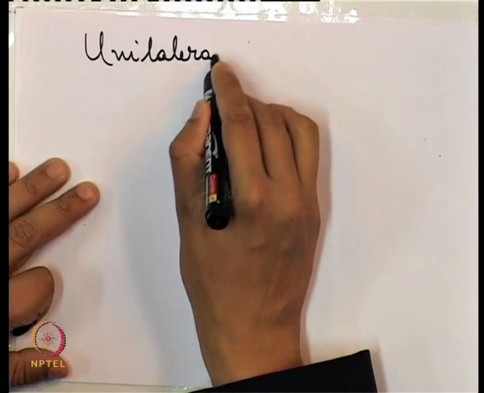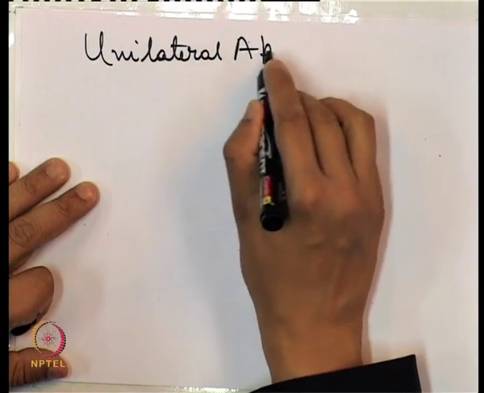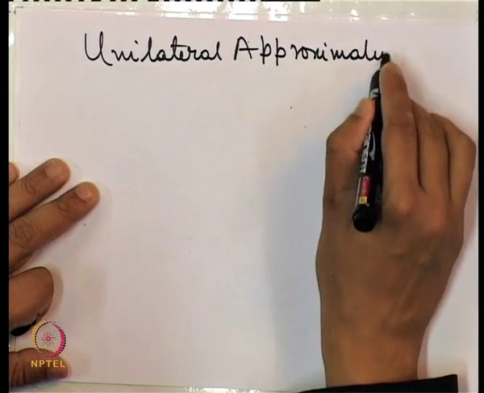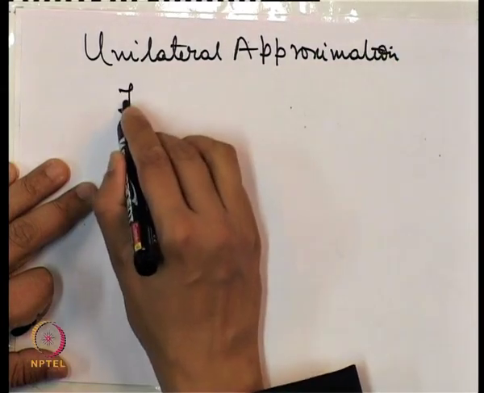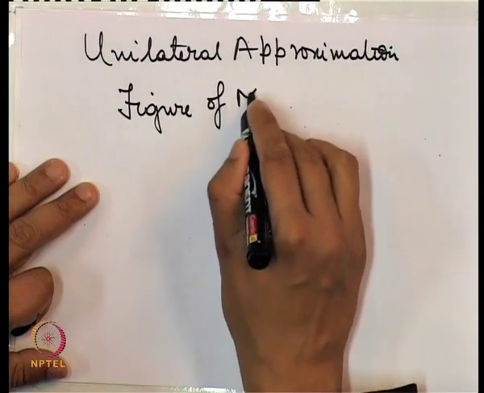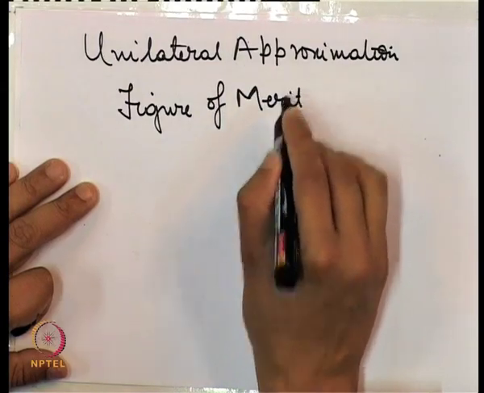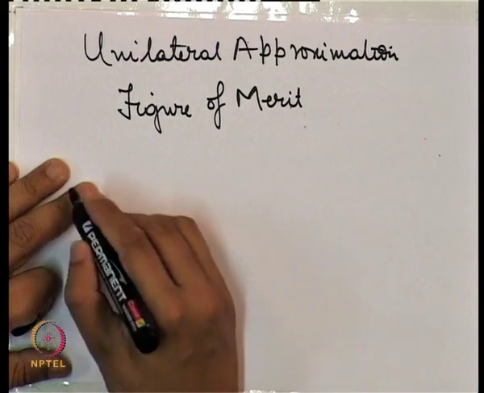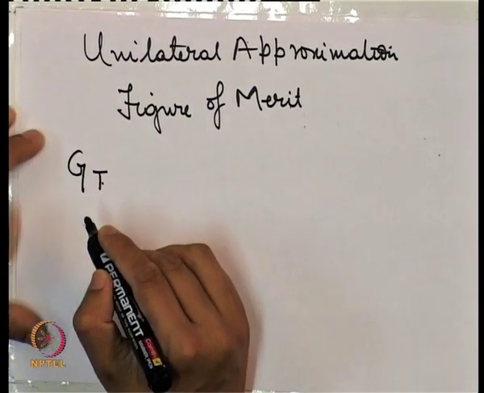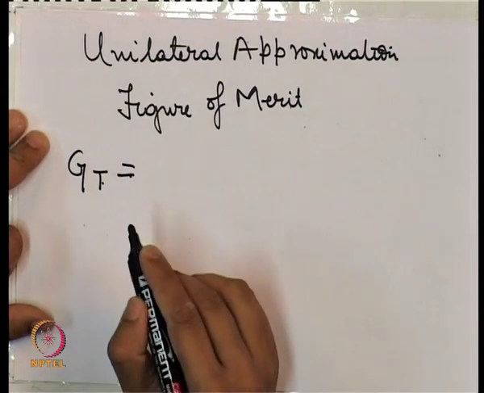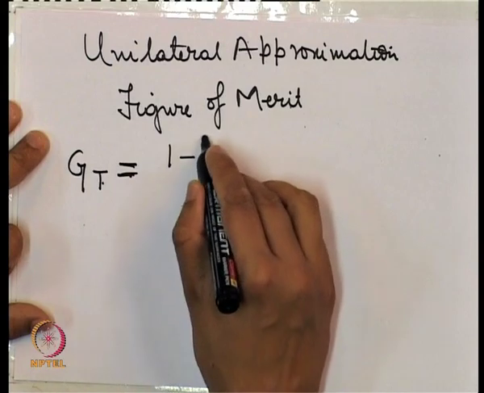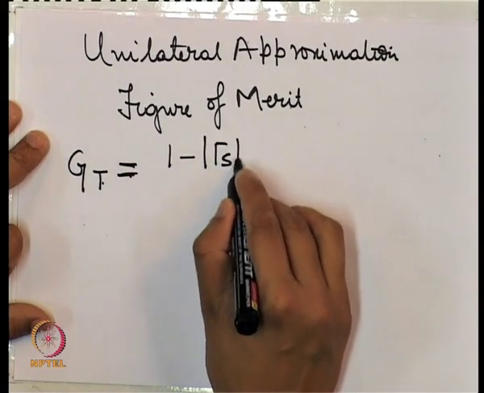There is a certain term called unilateral figure of merit, or unilateral approximation figure of merit. Now, we know that GT, the real value, without any unilateral approximation, is given by this equation.